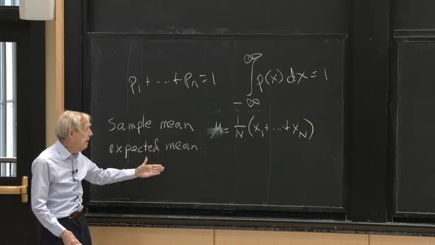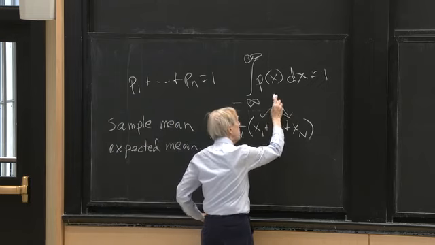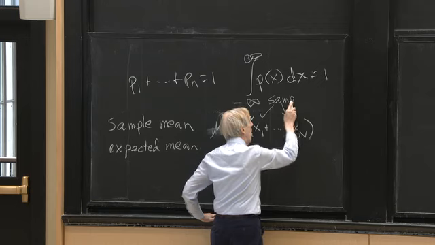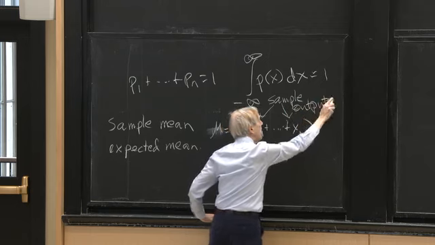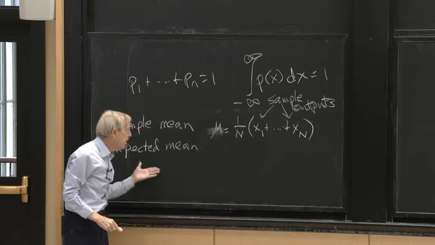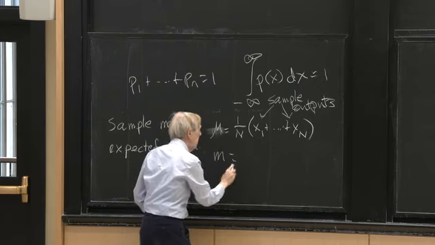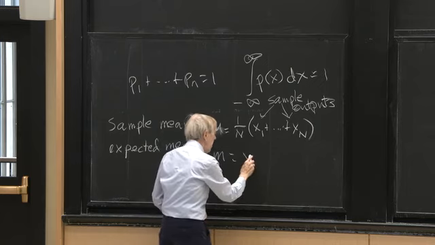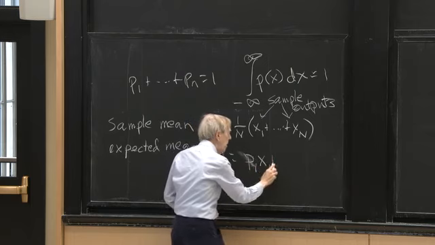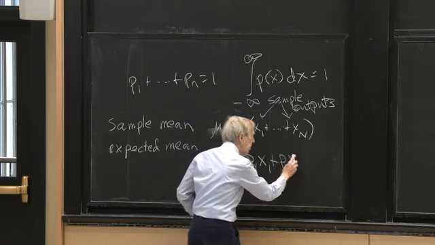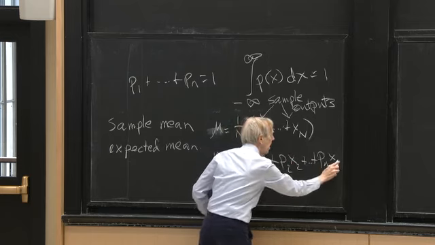The expected mean means these are actual sample outputs. They happened. Whereas the expected mean, and I'll use M for that, is the probability of the first output times that output plus the probability of the second output times that output plus Pn xn. Okay.